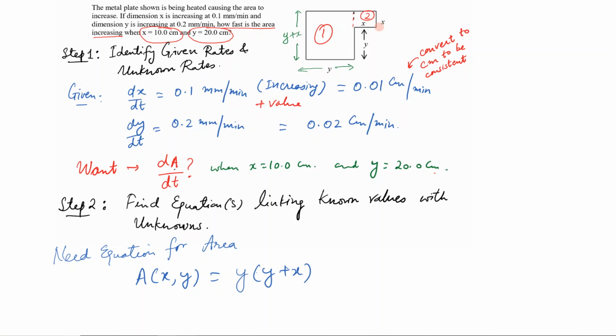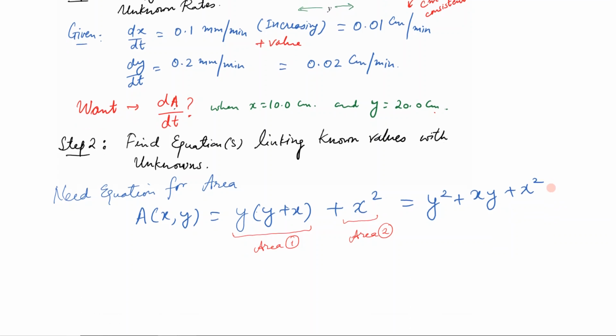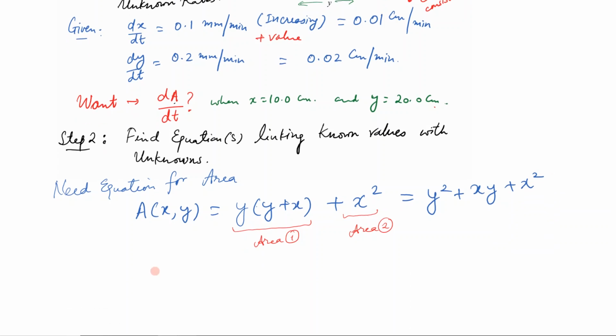Similarly, for the other one, we have x times x, which is x squared, because this side is x and this width is also x. So plus x squared. Our equation becomes y squared plus xy plus x squared, and this is our area. So area is in terms of x and y: y squared plus xy plus x squared.